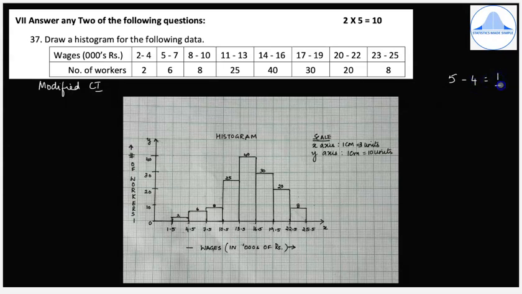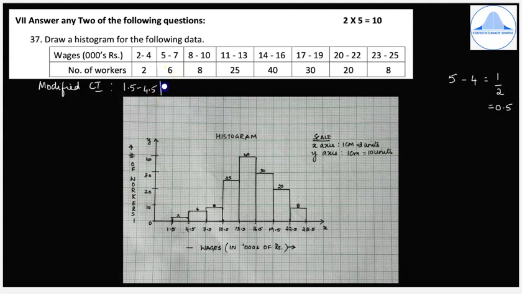This difference you divide by 2 and you get the correction factor as 0.5. So this 0.5 should be subtracted from all the lower limits and 0.5 is added to all the upper limits. So the modified class interval will become 2 minus 0.5 is 1.5, and to 4 you add 0.5, so it becomes 4.5.